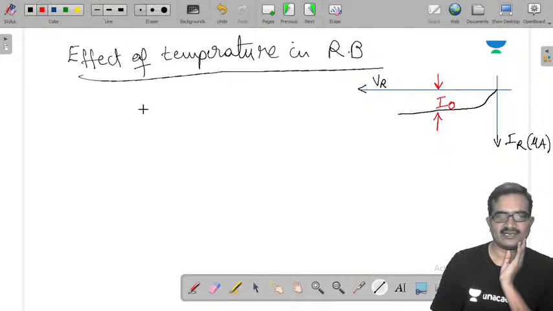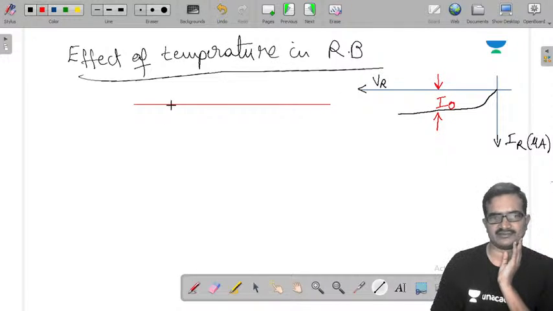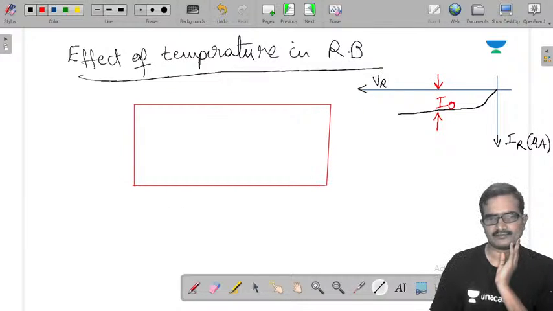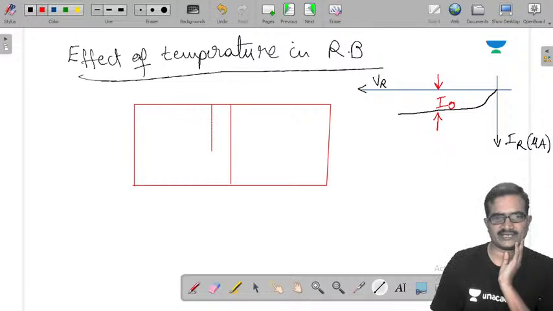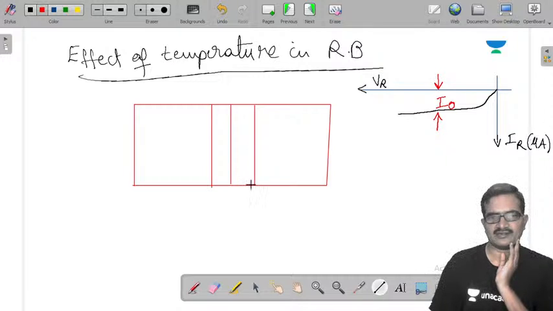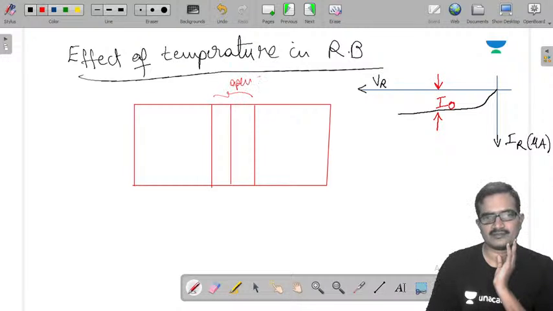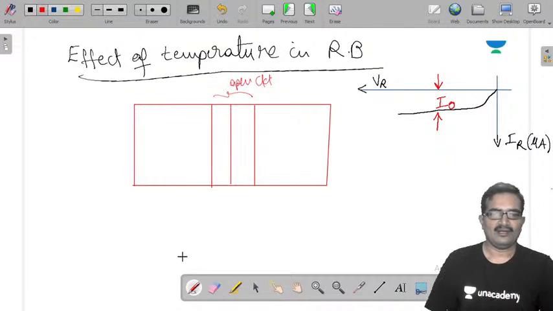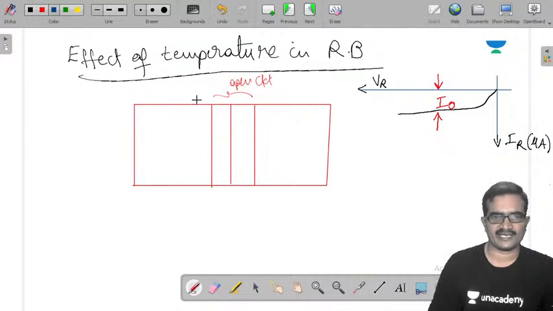See this, this is the PN junction diode under open circuit condition, and under open circuit condition this is the depletion region width.